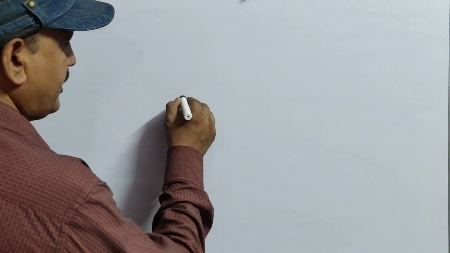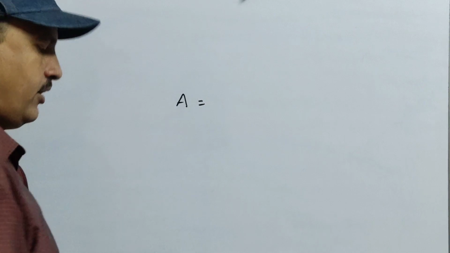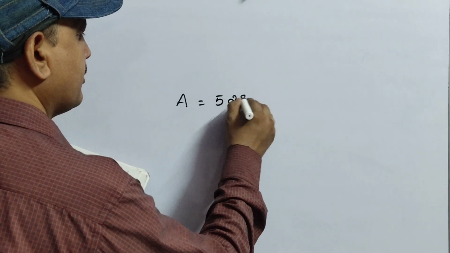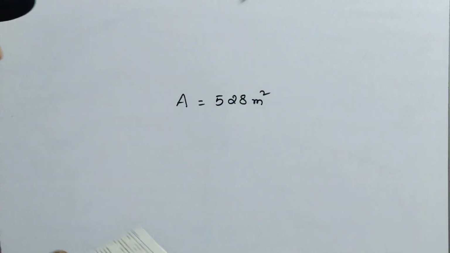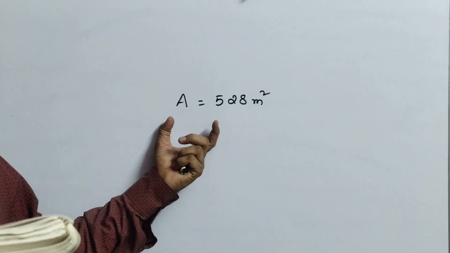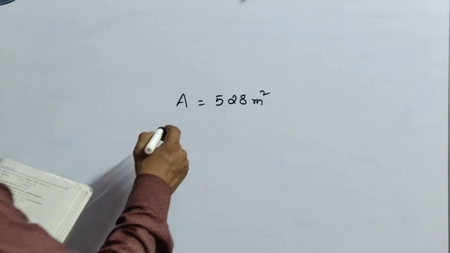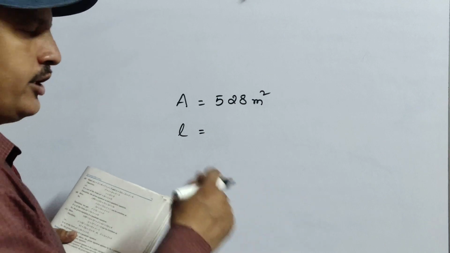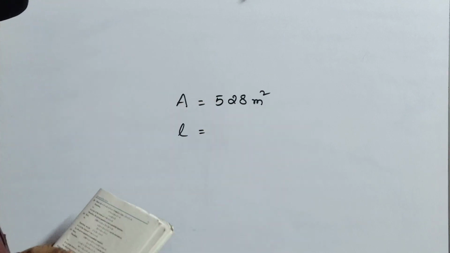Now see here what he has given. The area of a rectangular plot is given. How much is it? 528 meters square. Next, the length of the plot, that means L equals. If you read the question and write like this, you will never commit a mistake.